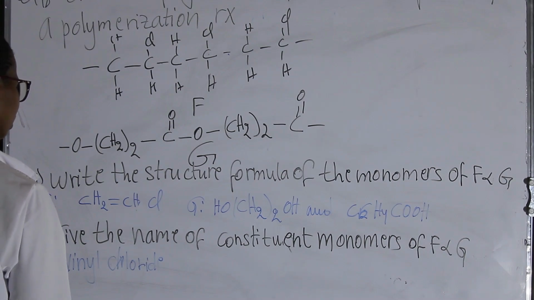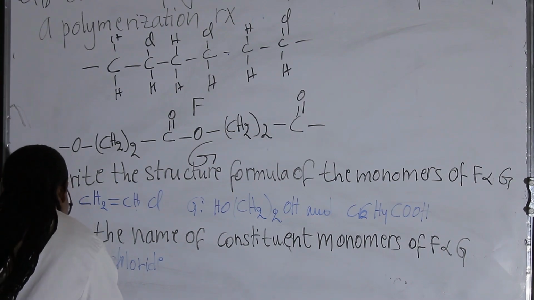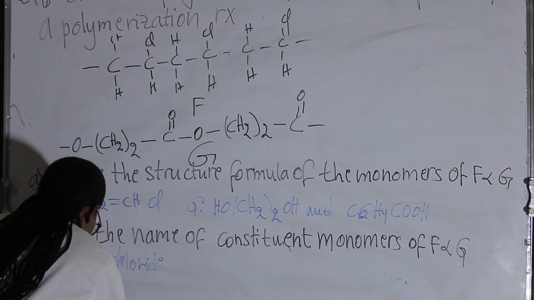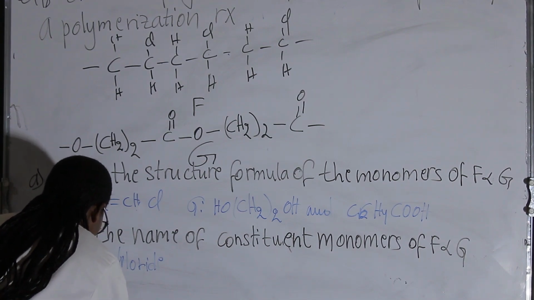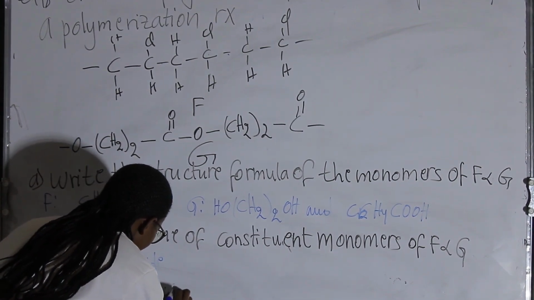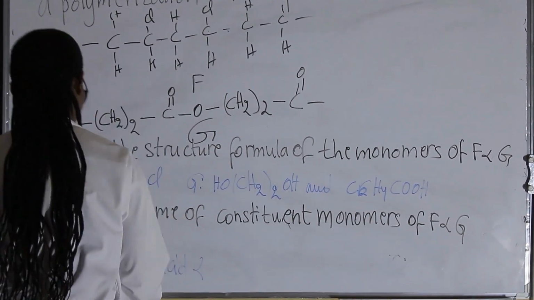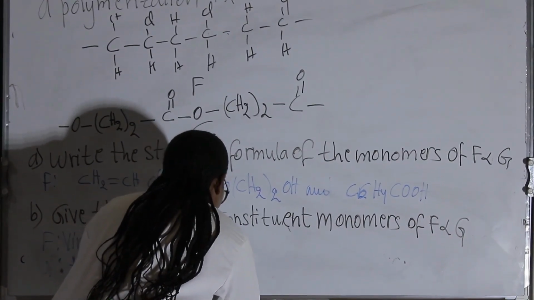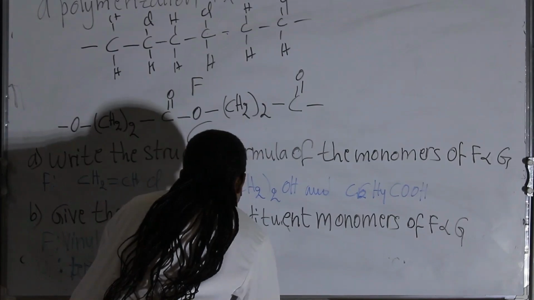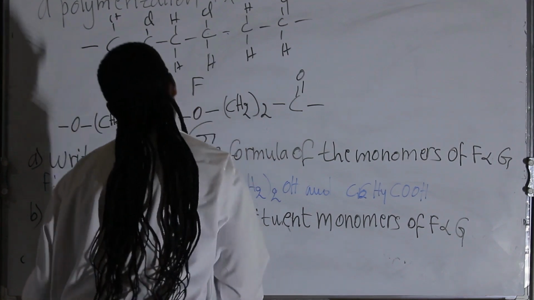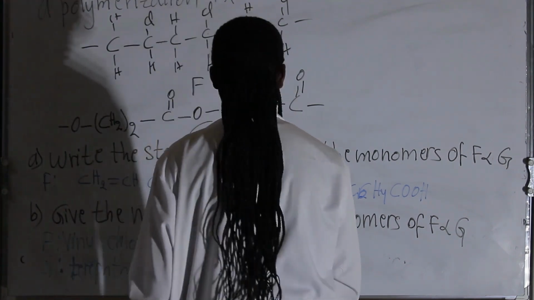The first monomer is phthalic acid and glycol. Let's move to the next step.